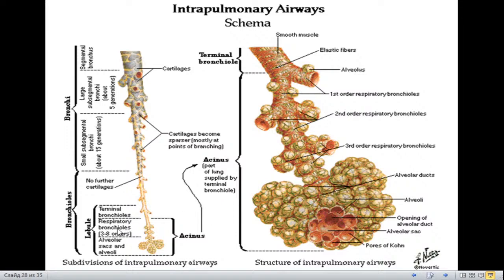Which structures begin from one terminal bronchiole? 3 to 8 orders of respiratory bronchioles, alveolar ducts and alveolar sacs, and separate alveoli. So the structural functional unit of the lung is acinus. All respiratory bronchioles, all alveoli and alveolar ducts which begin from one terminal bronchiole. You have to memorize this.